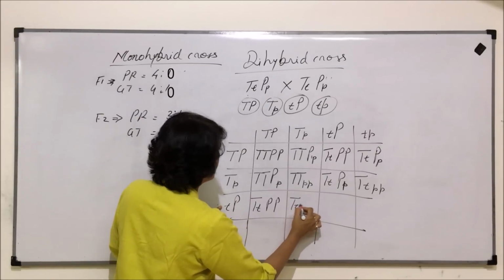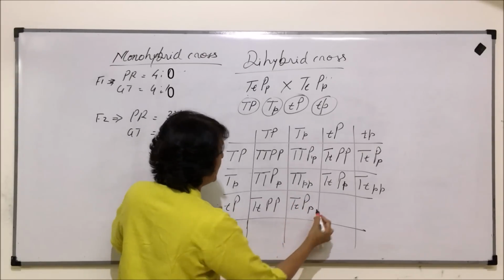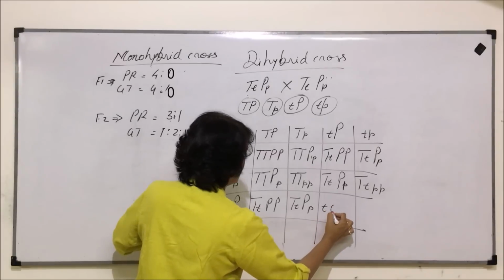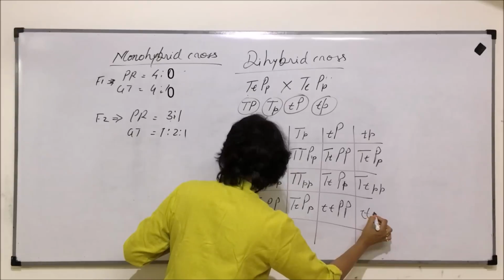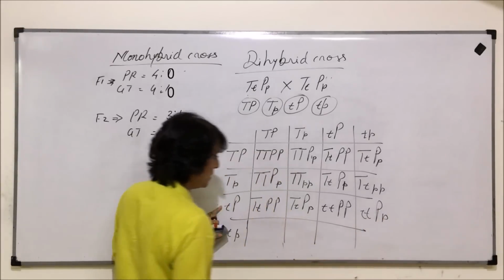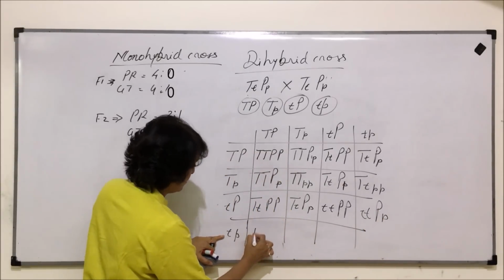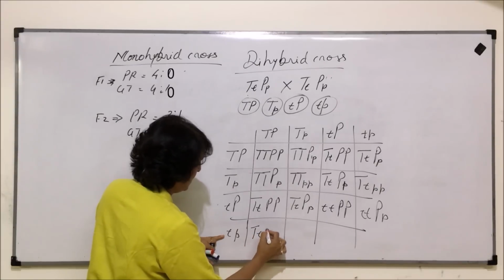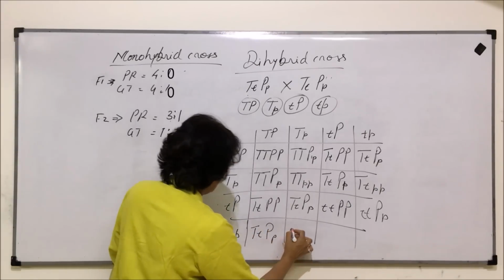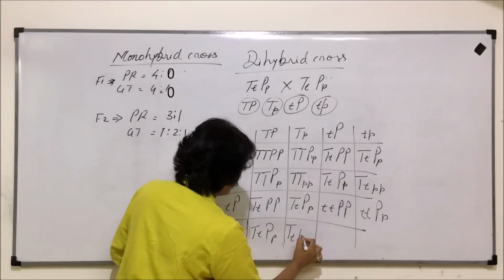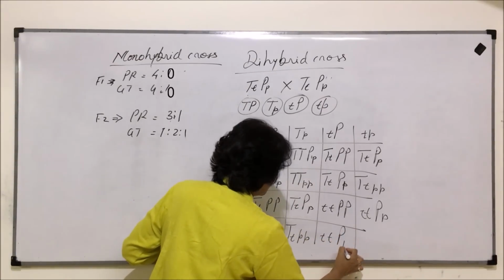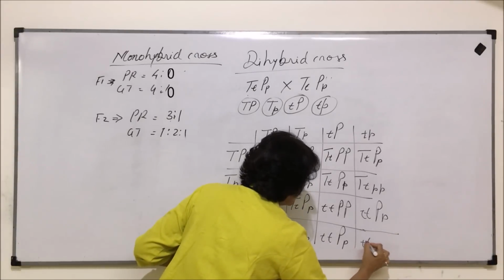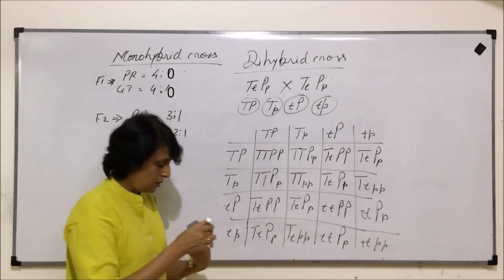Here capital T small, big P and small p. Small t, P and P. Here both the T's are small, one P is capital and other small. Here T and T, P and P. This one T and T, small p, small t, capital P and small, and here all four are going to be small.